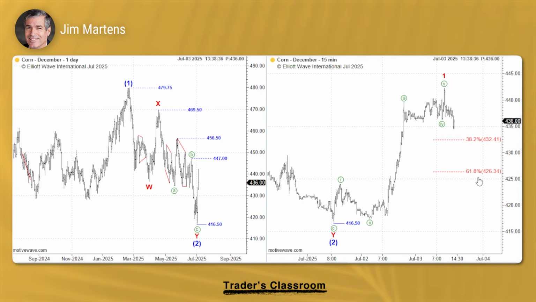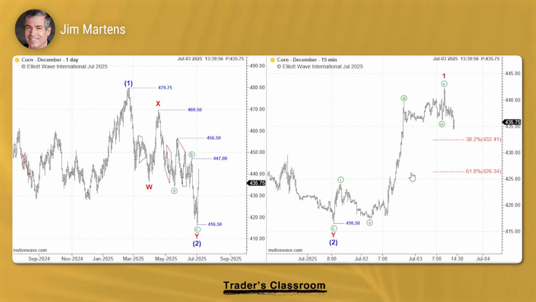And we'll look for a second impulse rally in either wave 3 or in wave C. We could take it further and say, well, if it's wave 3, it's probably going to travel 1.618 times the distance traveled in wave 1. If it's wave C, closer to equality. So the extent of the subsequent rally will help us determine if the wave 1 label is correct or should it be a wave A.